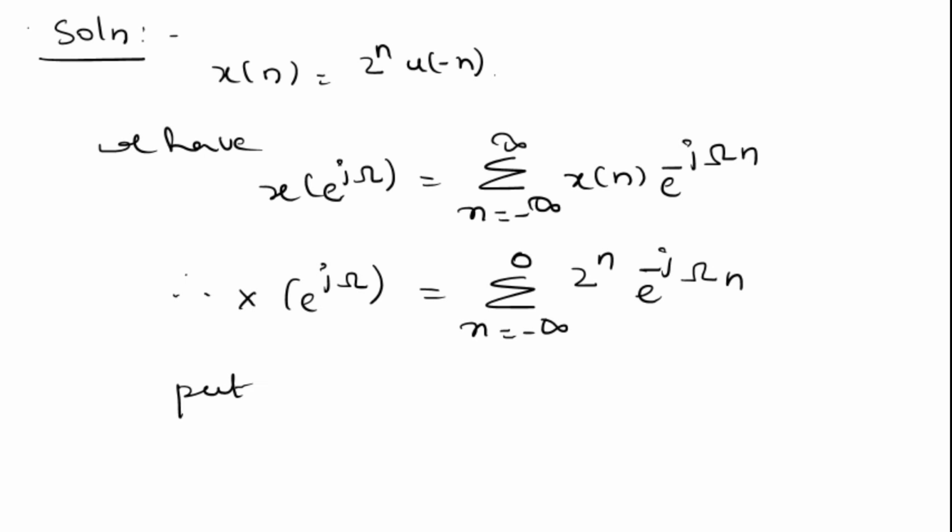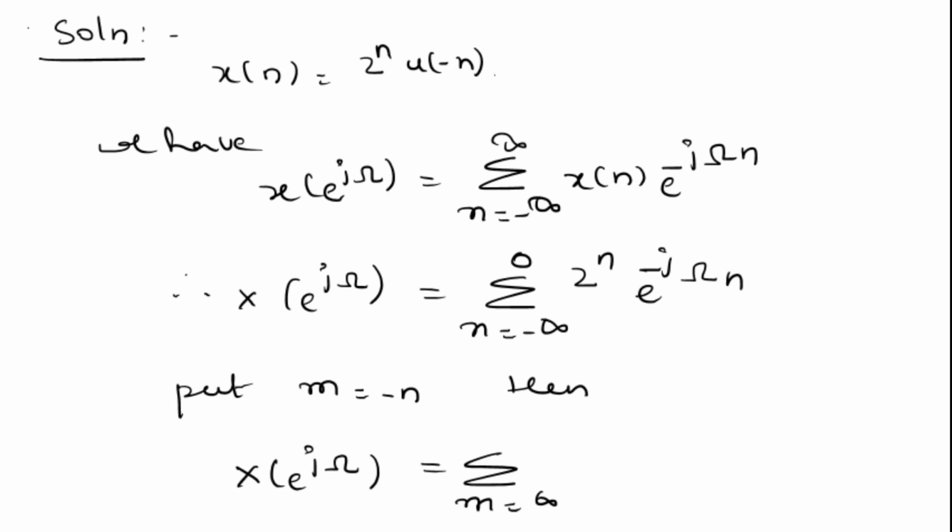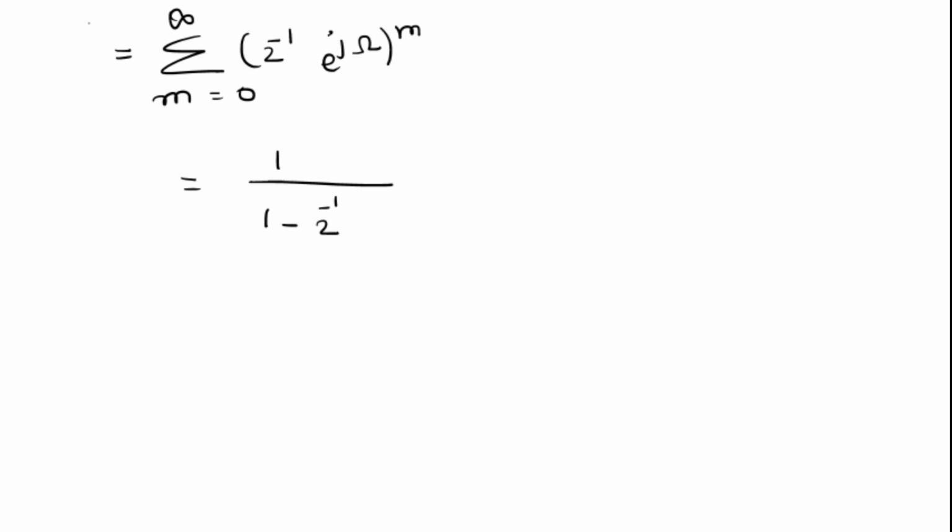Put m is equal to minus n, then X of e power j omega is equal to summation m is equal to infinity to 0 2 to the power minus m e power j omega m, which is equal to summation m is equal to 0 to infinity 2 to the power minus 1 e power j omega to the power m, which is equal to 1 divided by 1 minus 2 inverse into e power j omega.